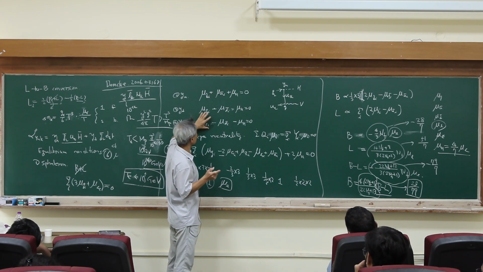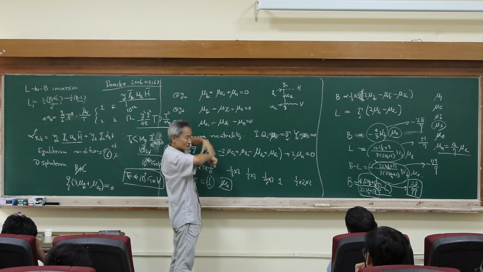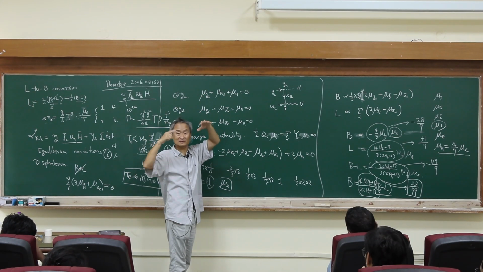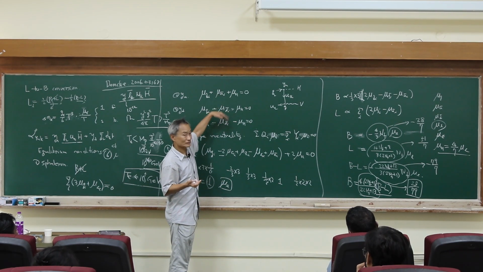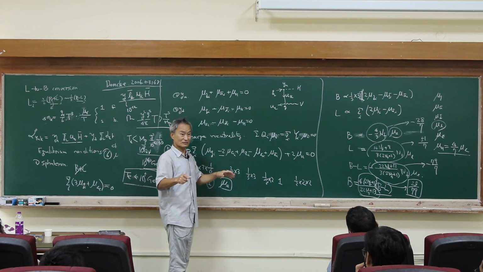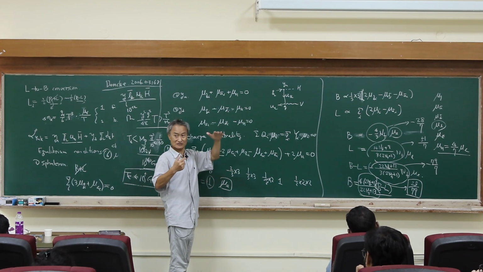Only the third generation quarks and leptons are in equilibrium. Then what happens to the others? They are not in equilibrium, so you have to have separate equations.